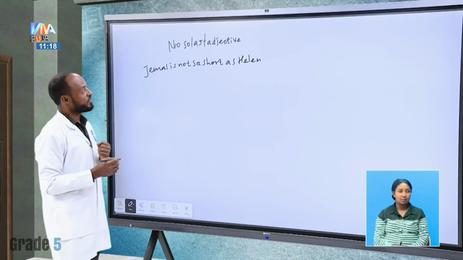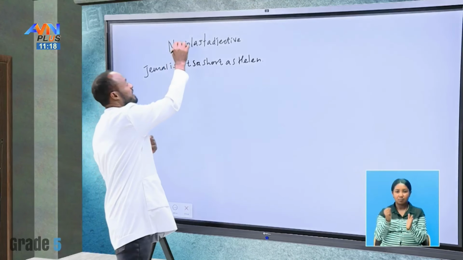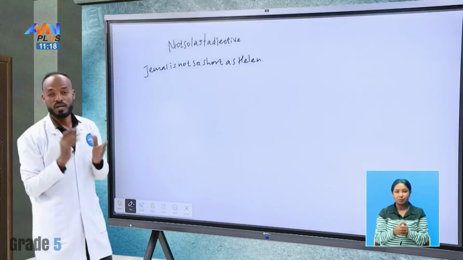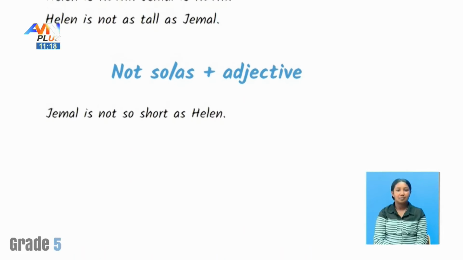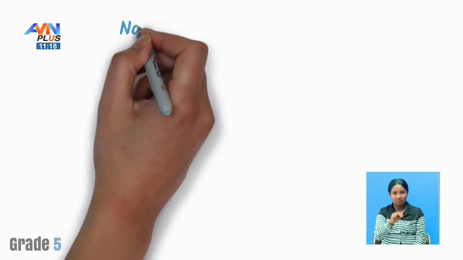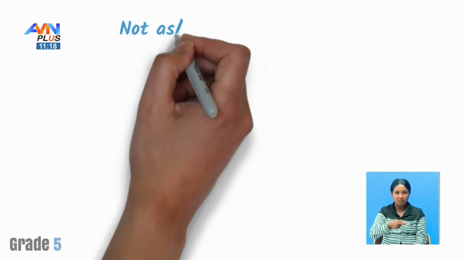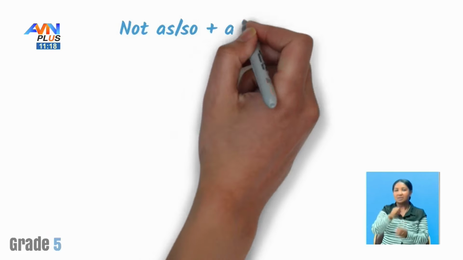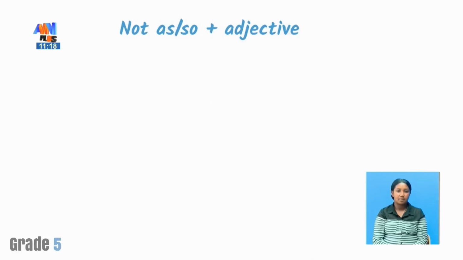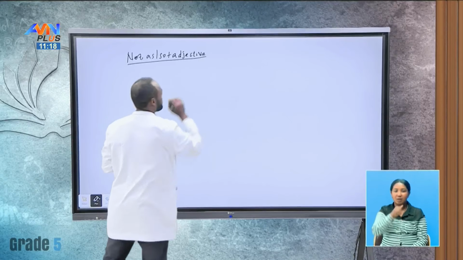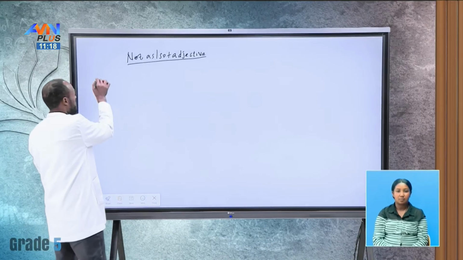So let me give you an activity which will be done within 1 minute. You're going to use not as, or not so, plus adjective. Here is question number 1.